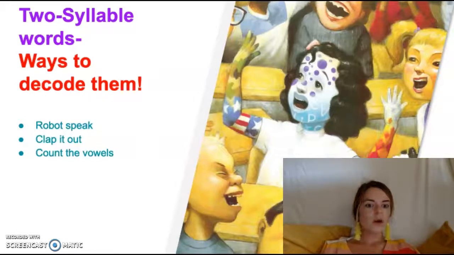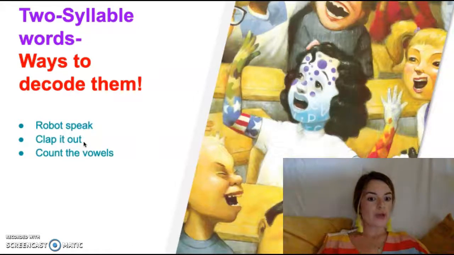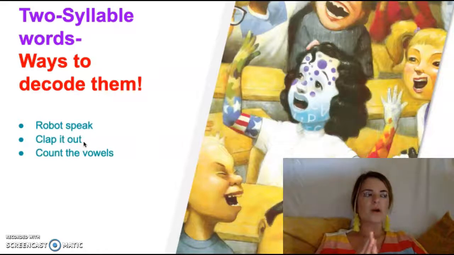So we know it has one syllable. Okay, so now on to clap it out. Clap it out is a method that a lot of us are familiar with, and that is where you clap to the amount of beats you hear in the word. So with cat, cat, cat, right? We hear one beat, one syllable in the word.